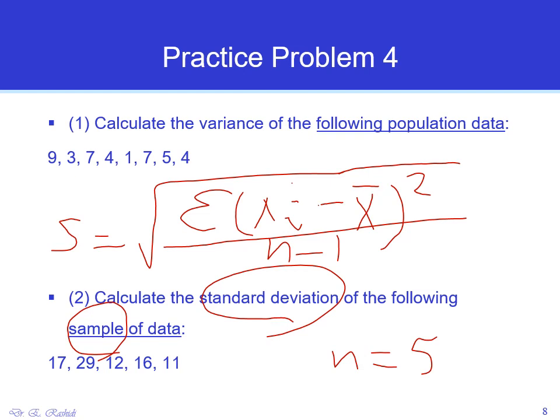And the average, if you compute it, the average of the sample is 17. If you compute the standard deviation, it is actually equal to 7.176.